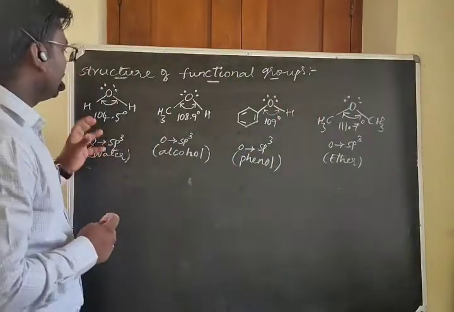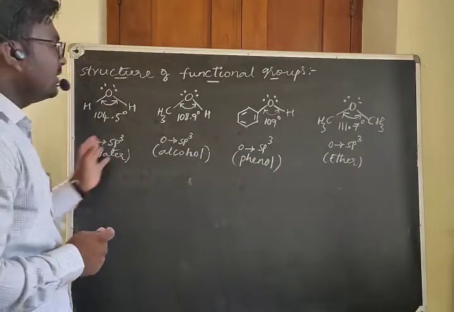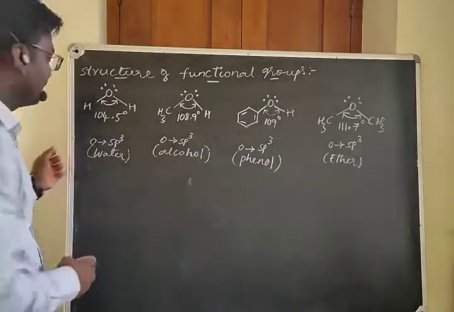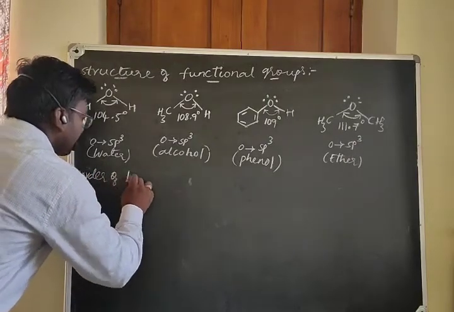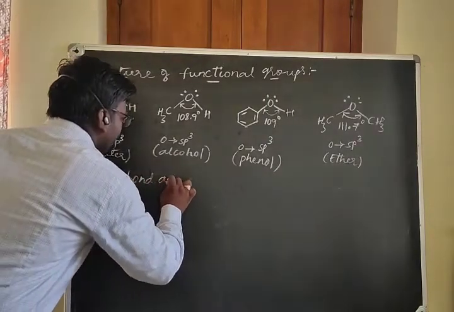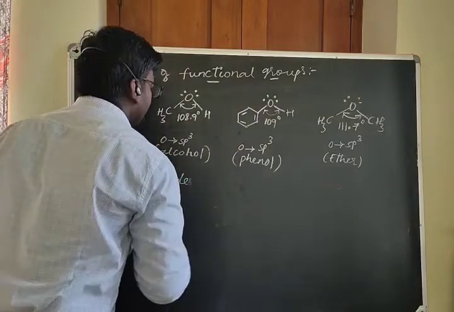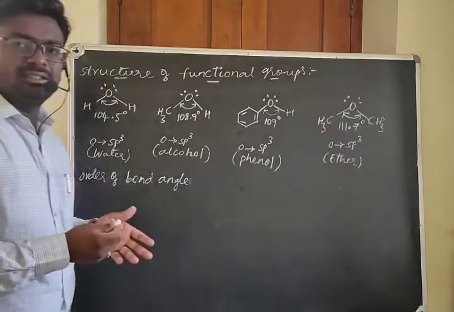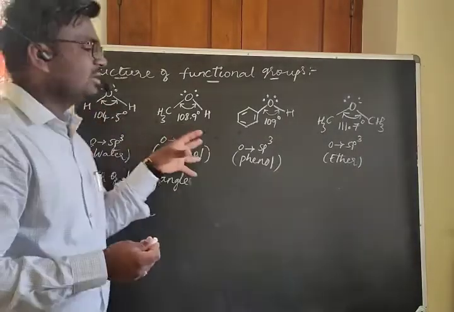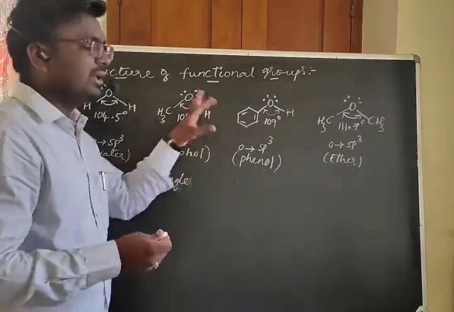Let us write the order of bond angle in these classes of compounds. Order of bond angle. It increases with increase in the steric repulsions, or bulky groups.